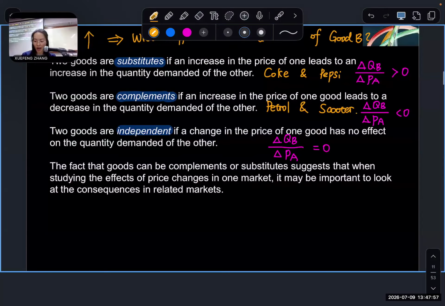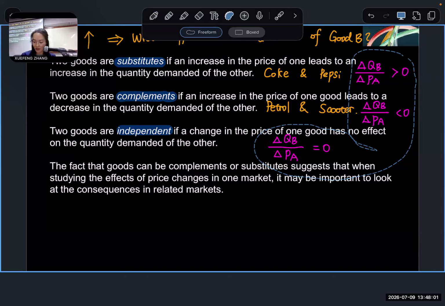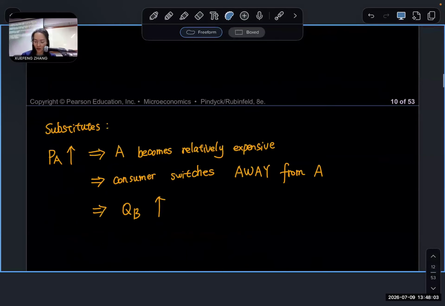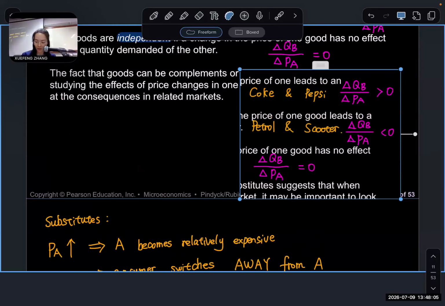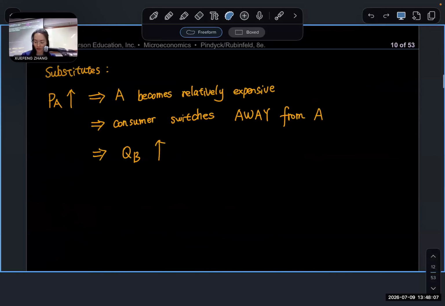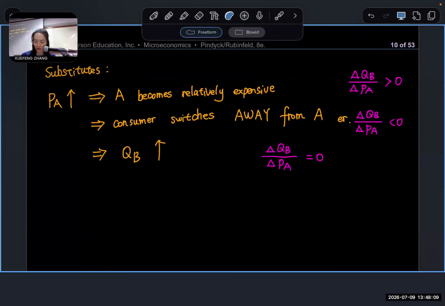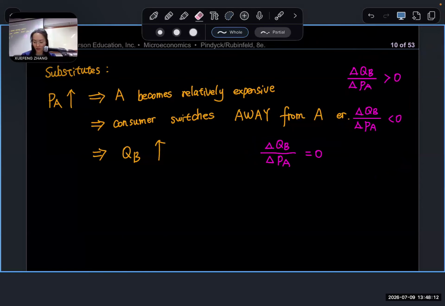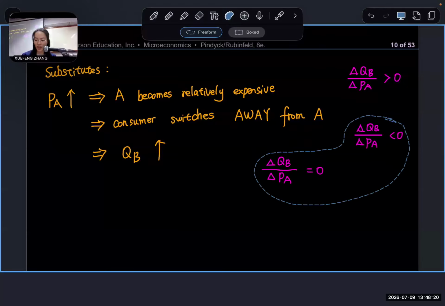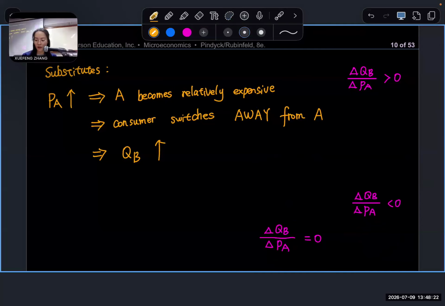So that's why you see here the change in quantity of B over the change of price A is positive.